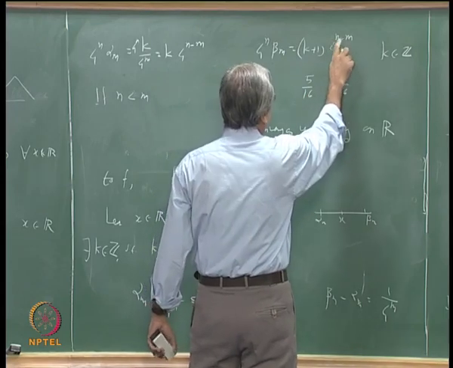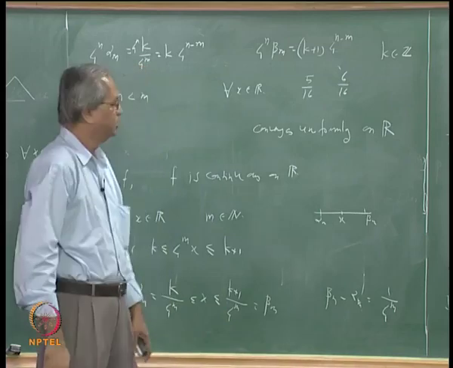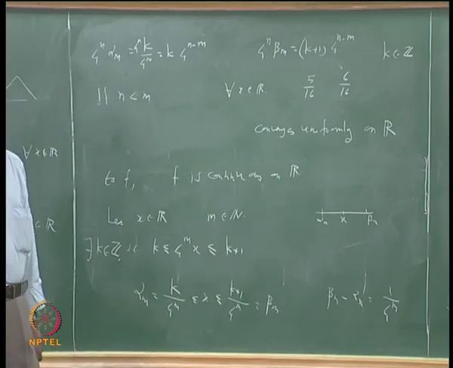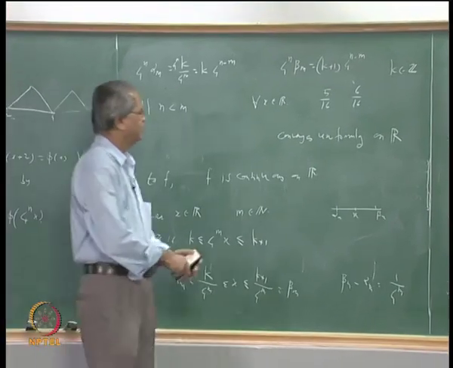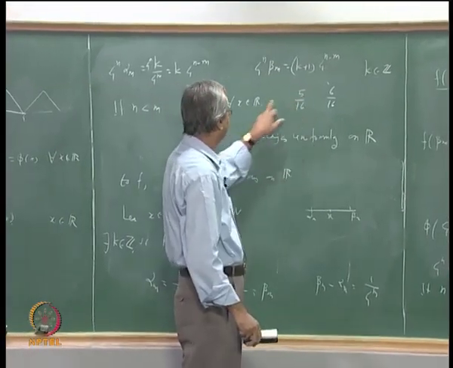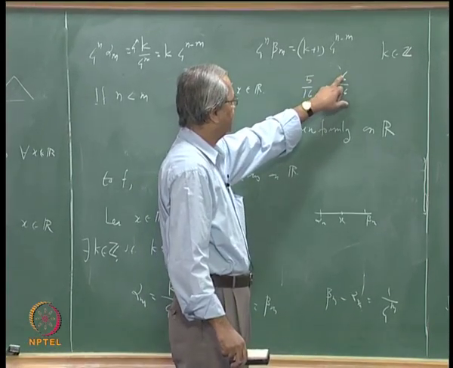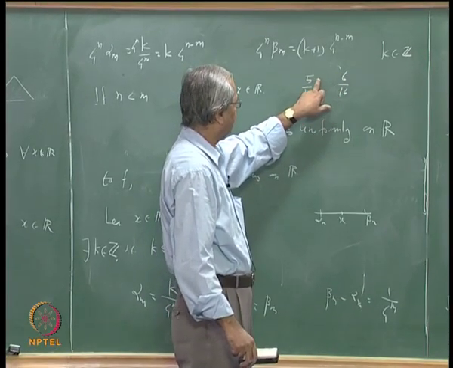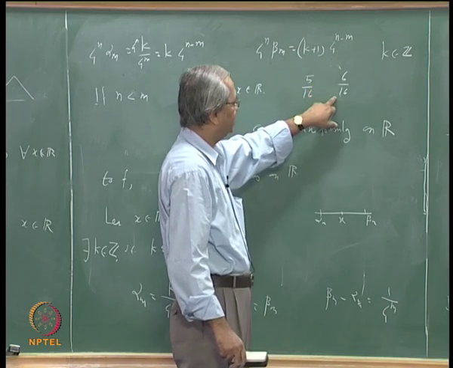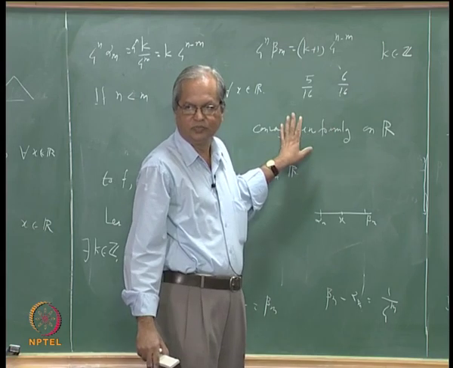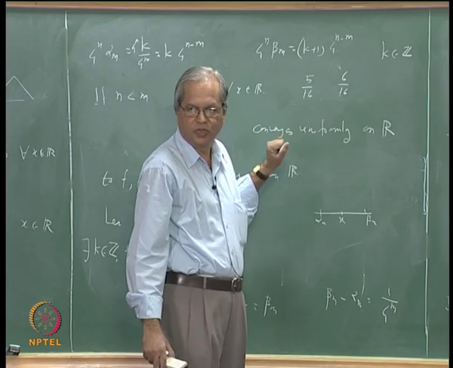We are considering the case when n is less than m, and similarly for any other integer. It will be 5 by some power of 4 and 6 by some power of 4. Between these two numbers there is no integer.